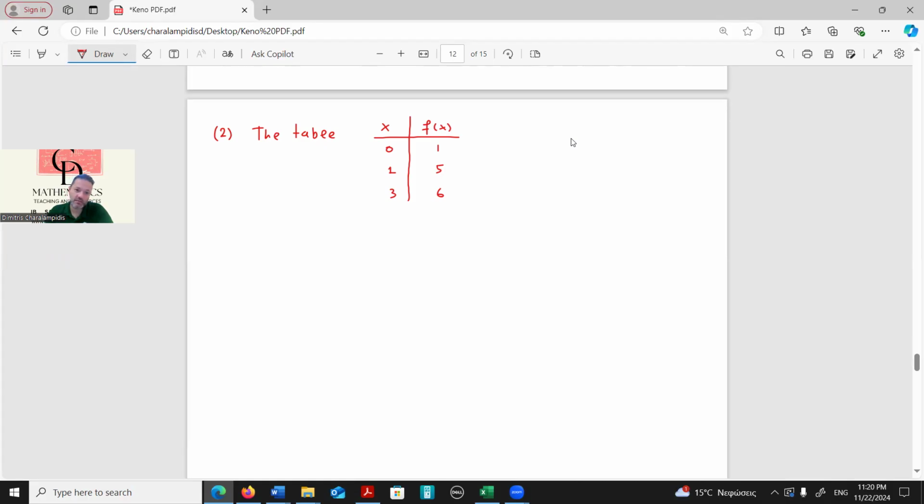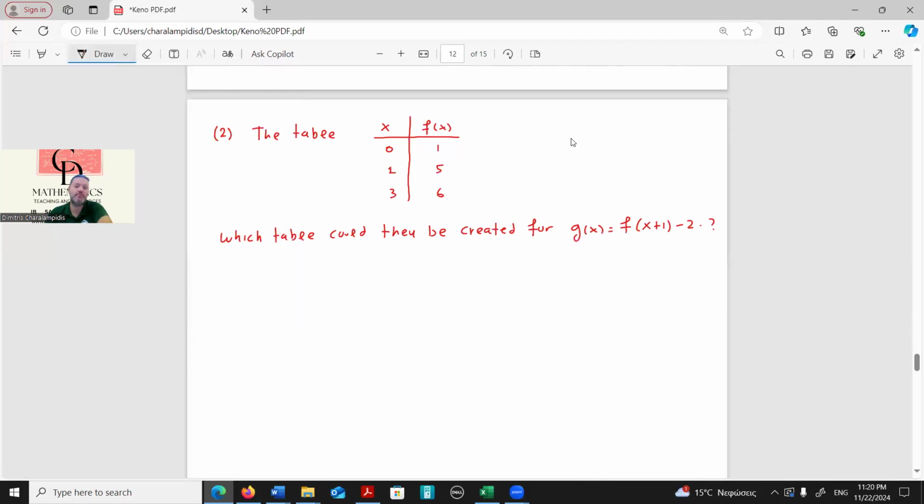Which table could then be created for g of x equals f of x plus 1 minus 2?